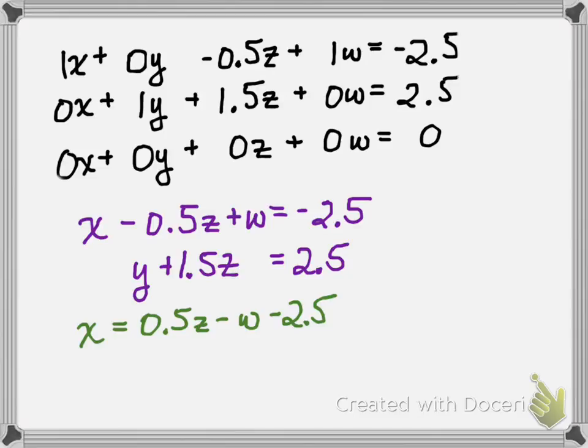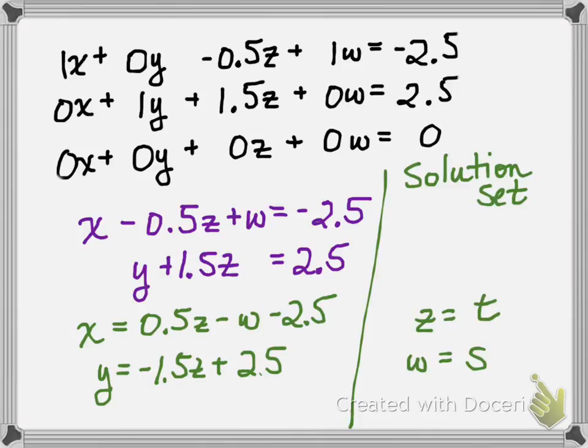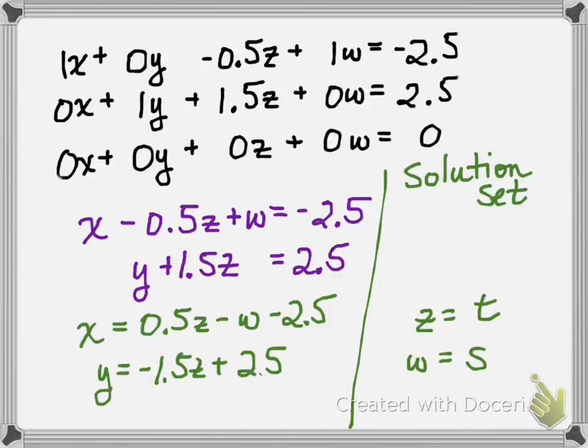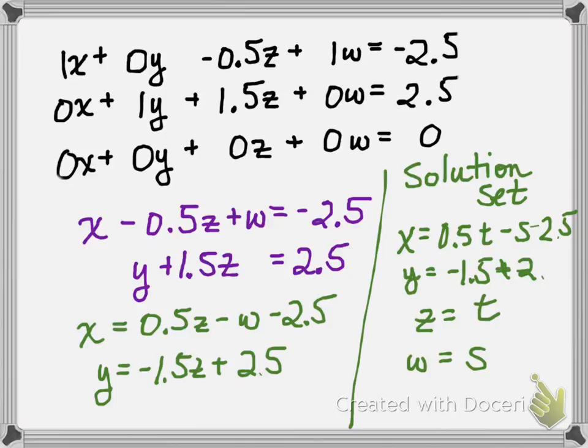So solving for x and solving for y, here are the equations we get. Our final solution would be that z is a parameter t, w is a parameter s. And after I know that, then I know that x is 0.5t minus s minus 2.5, y equals negative 1.5t plus 2.5.